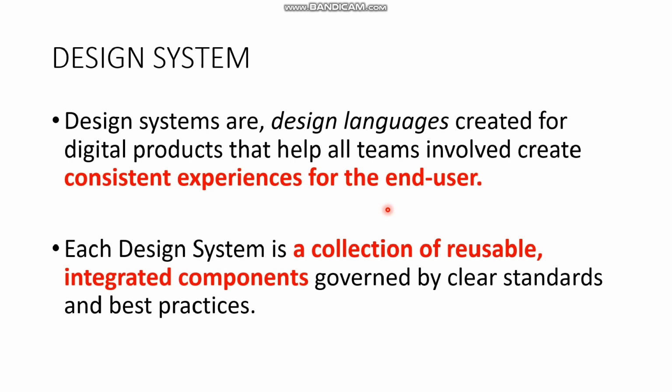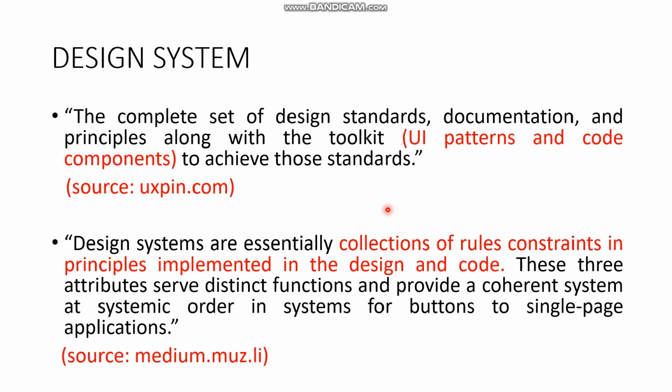So I would say it's a set of rules, like a toolkit. If we build a mobile application, we have an SDK. So this is like an SDK for design. Okay, so it's a design standard, documentation, principles, UI patterns, code components, and also a collection of rules.